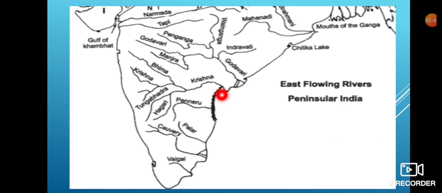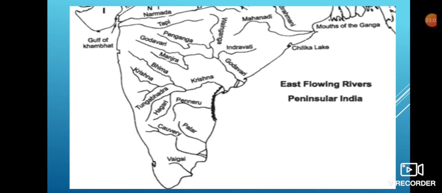One of the important tributaries of river Krishna is river Tungabhadra, which rises here in this part and meets river Krishna here, and together they both drain in the Bay of Bengal.